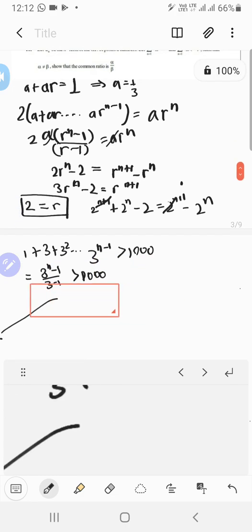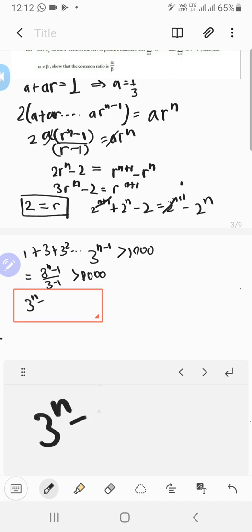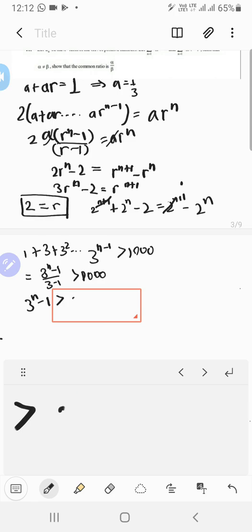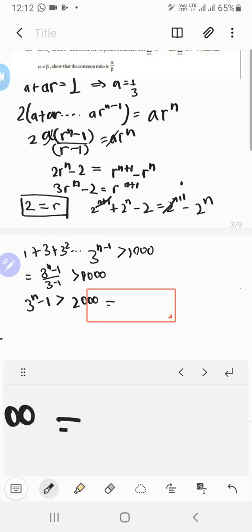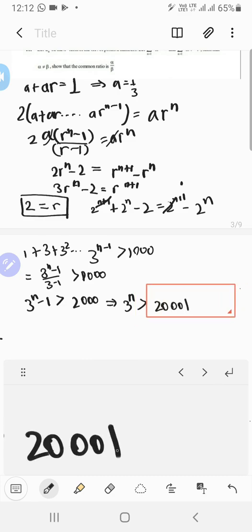Okay, so 3 minus 1 is just 2, so you get 3 to the n minus 1 is greater than 2000, which means that 3 to the n is greater than 2001. Oh wait, this is not what I wanted to write. 2001.